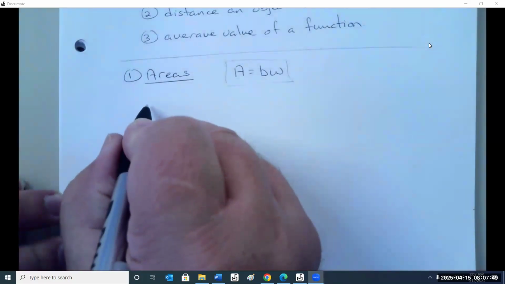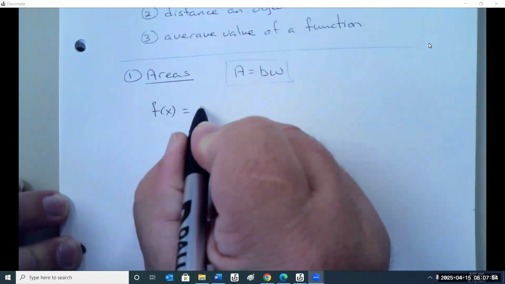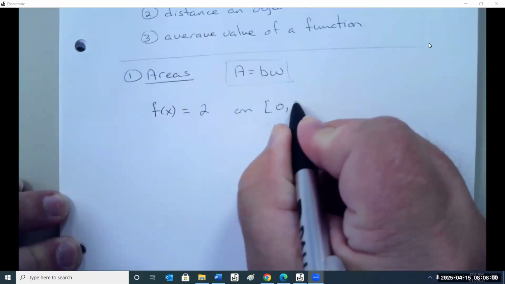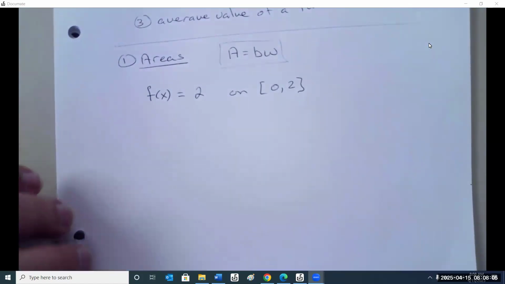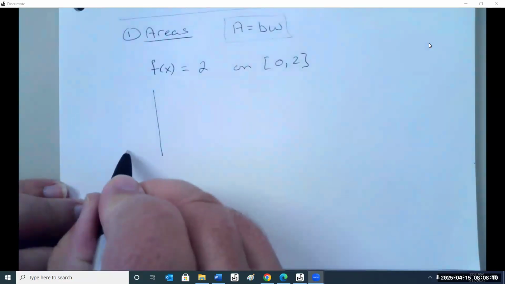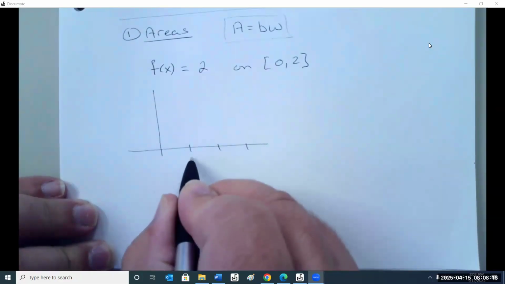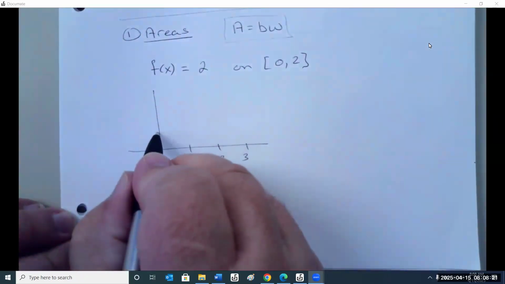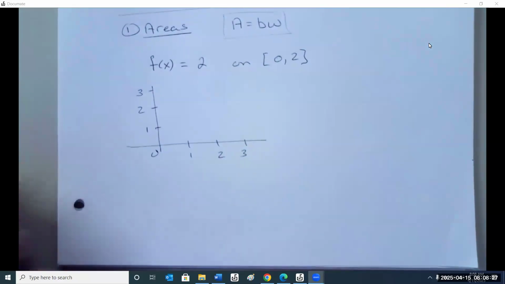So let's first begin by looking at the function on the closed interval 0, 2. What's this graph going to look like?